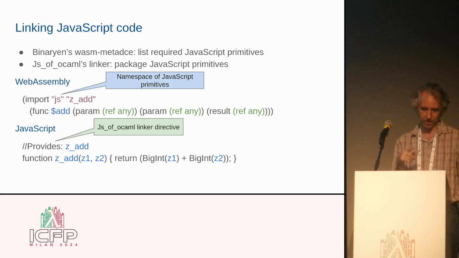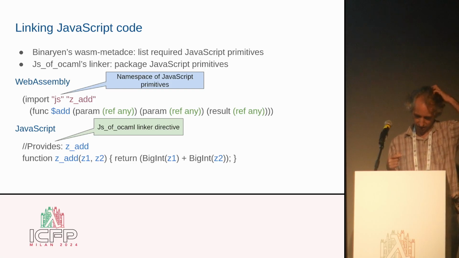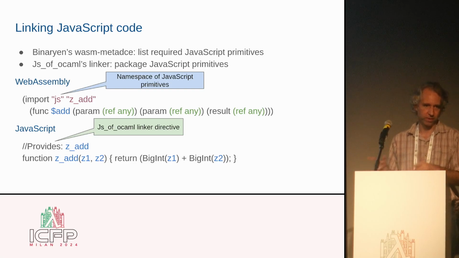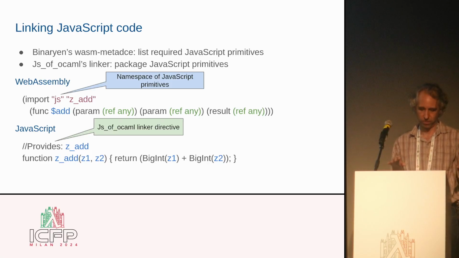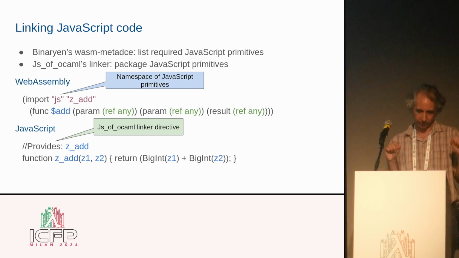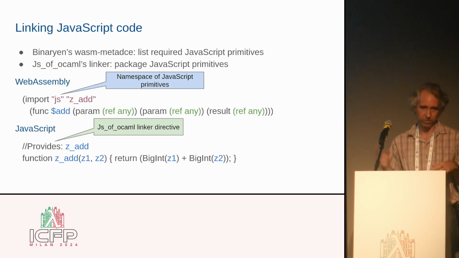On the WASM side, I import the JavaScript function. And on the JavaScript side, I use a directive to name it, so that JS-OCaml knows what it needs to use.